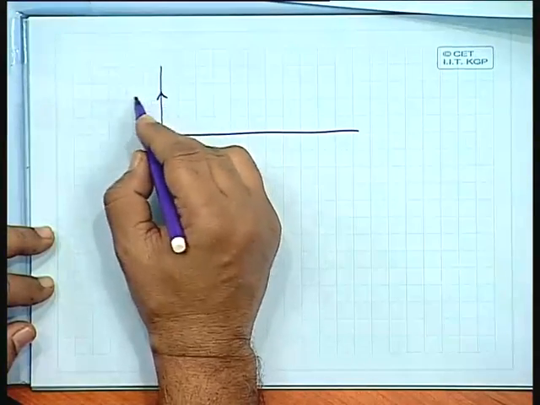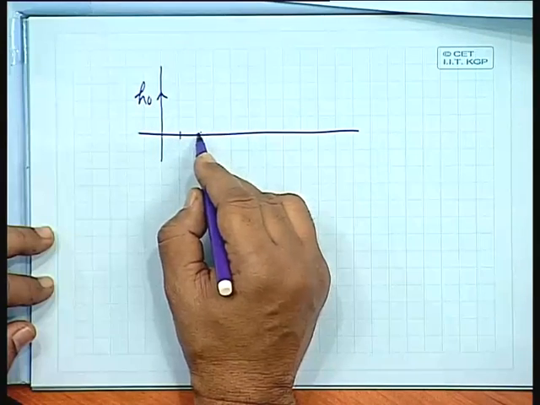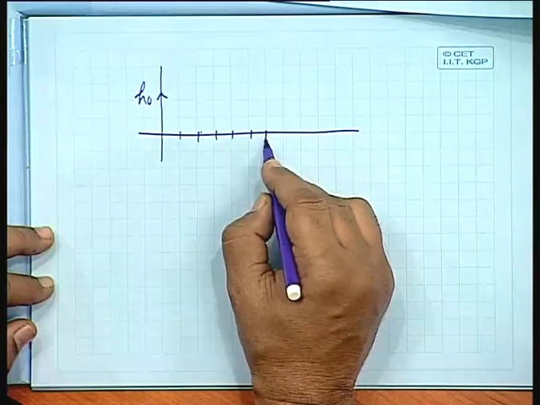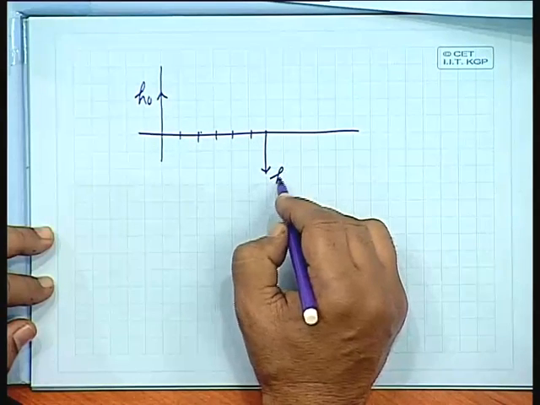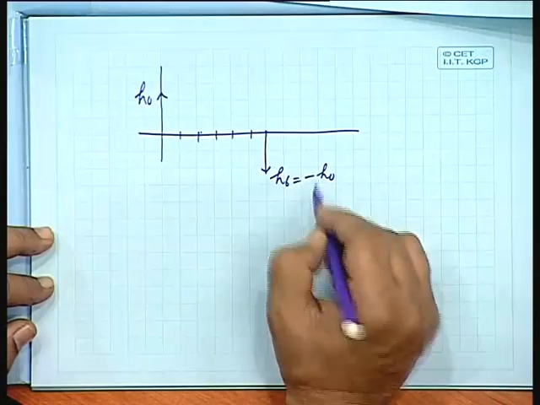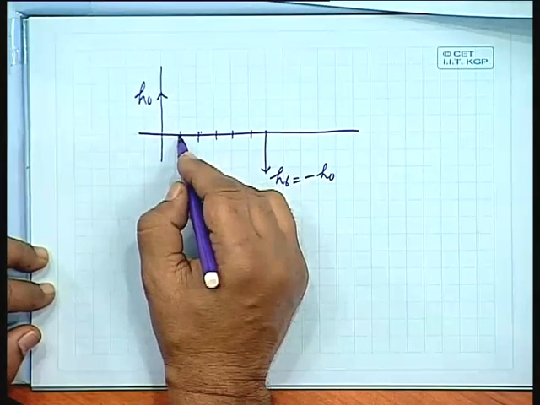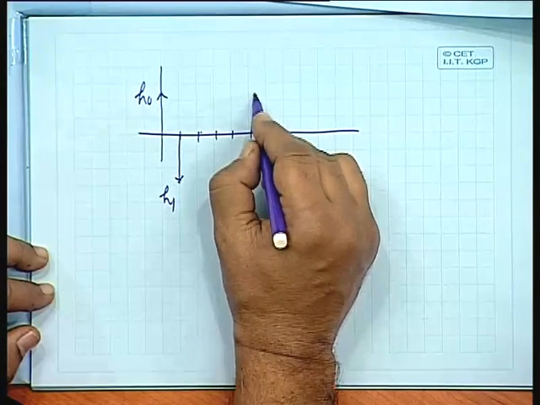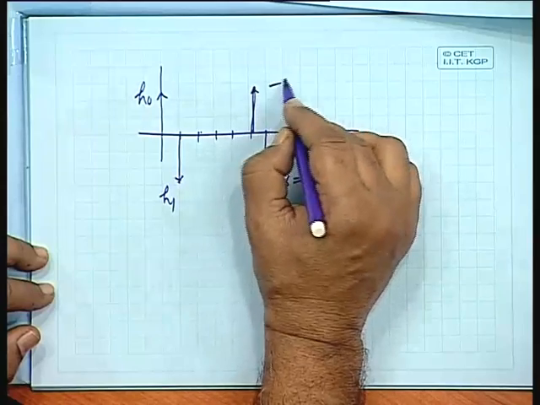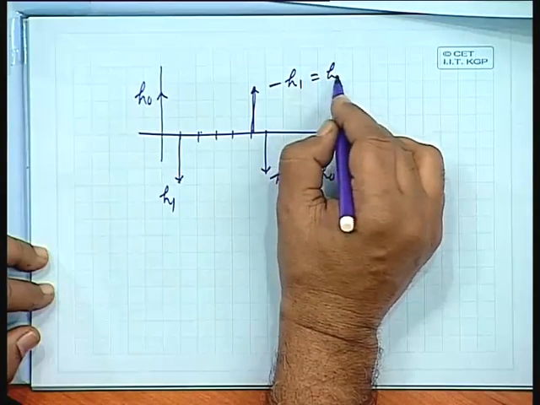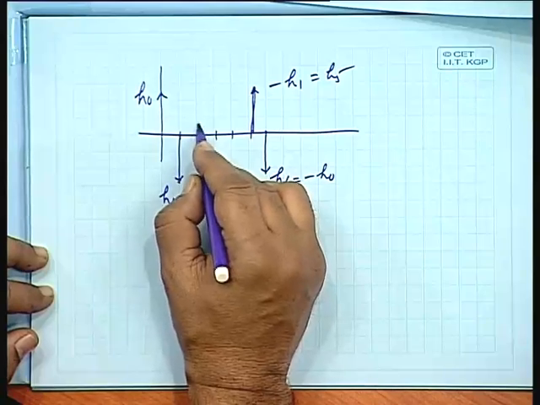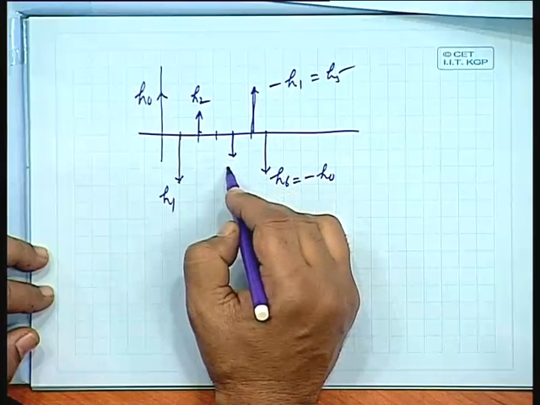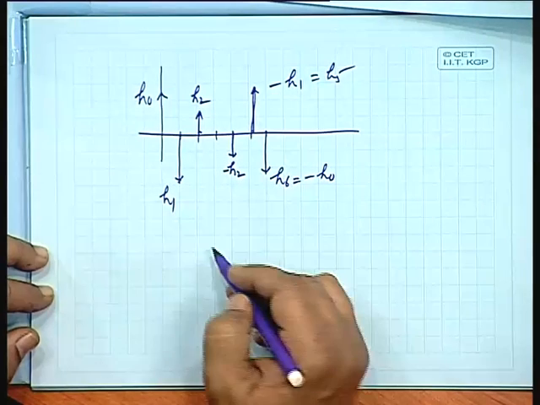Suppose this is H0, 1, 2, 3, 4, 5, 6. So, at H6 it will be... Suppose H1 is like this, then H5 will be like this, minus of H1, and then this one is say only this much, H2, this one will be H4 is equal to minus H2.